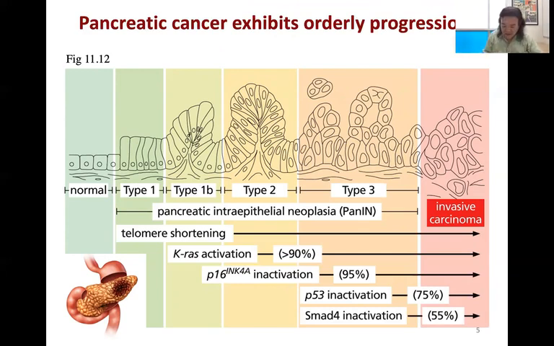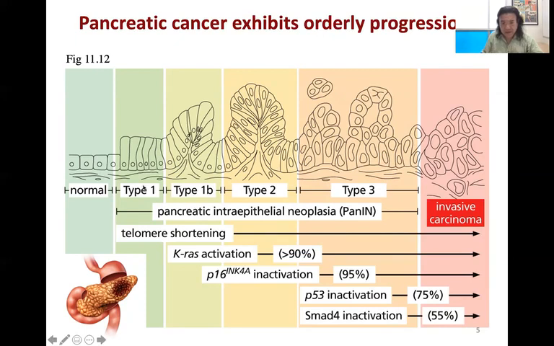So pancreatic cancer is one of those more unusual cancers where things progress very quickly due to the fact that there's a pretty well-established pathway that these pancreatic cells go through in terms of the types of mutations.